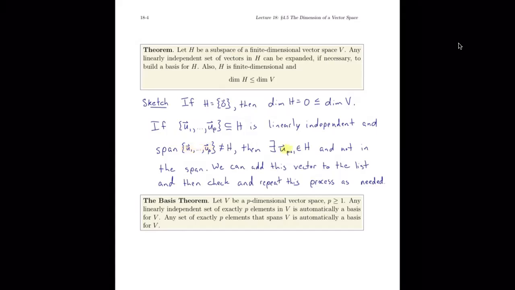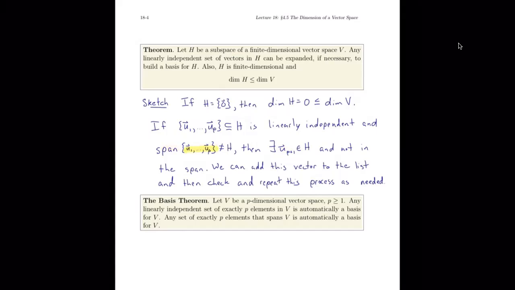And we can add it to the set as a p+1 element, and then we can check again if the span of that set, U1 all the way up through UP+1, doesn't span H. Well, then we can look around and find another vector that's linearly independent and not in the span, and we can add that, and we'll preserve linear independence of these vectors U1 through UP+K, however many times we have to do it.